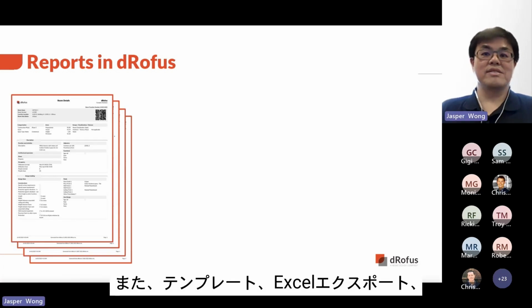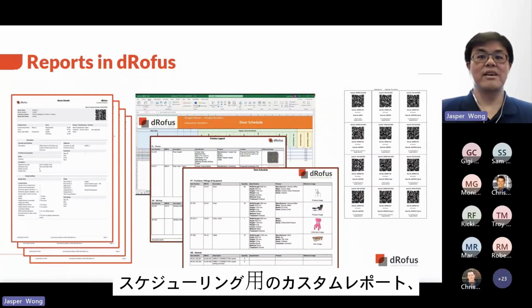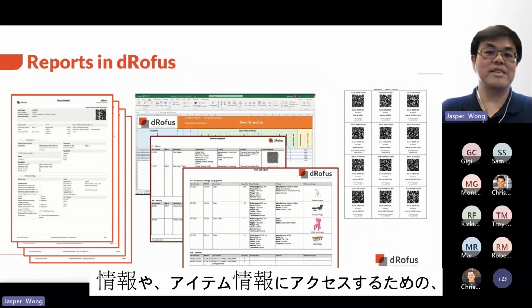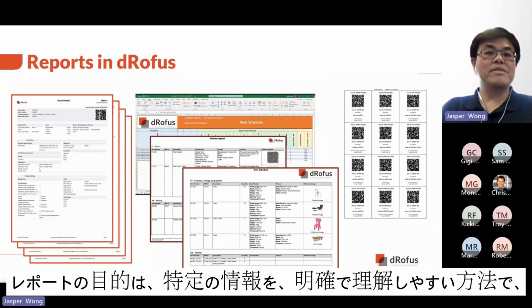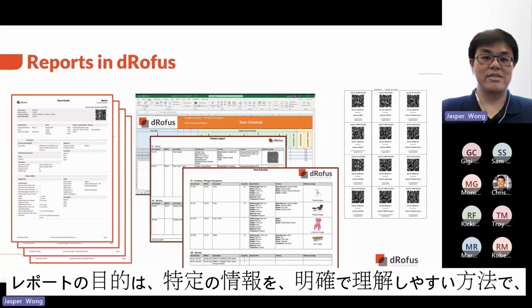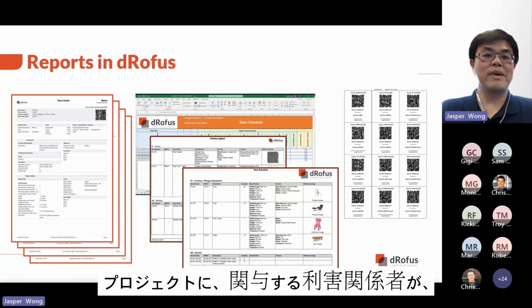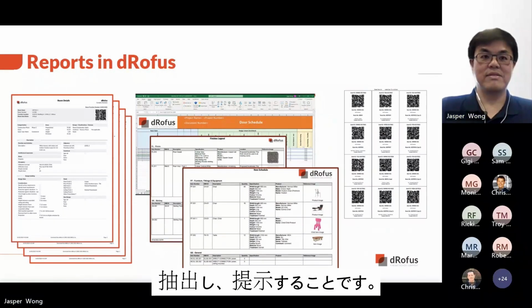There are out-of-the-box templates, Excel exports, custom reports for scheduling, or a sheet with QR codes to access item information. The purposes of reports is to extract and present specific information in a way that it's clear and easily understood, and to be used by stakeholders involved in a project for work in progress reviews or deliverables.